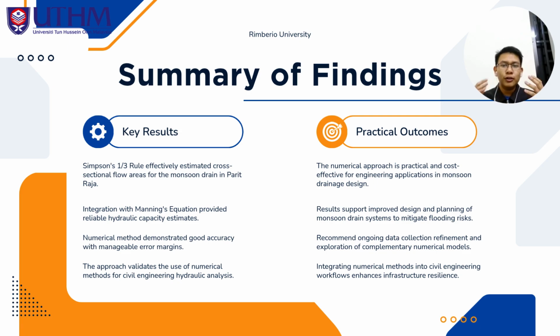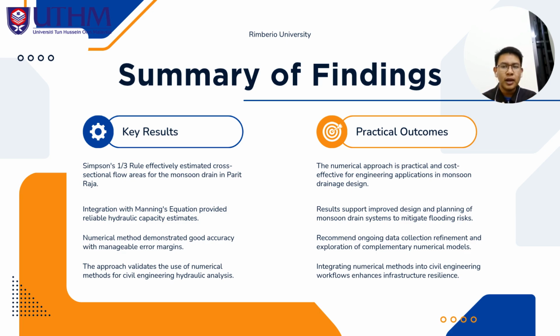To conclude, this project successfully demonstrates how numerical mathematics can solve real-world urban hydrology and flood mitigation problems. We have proof that the proposed monsoon drain in Parit Raja has a safe maximum capacity of 8.14 cubic meters per second.